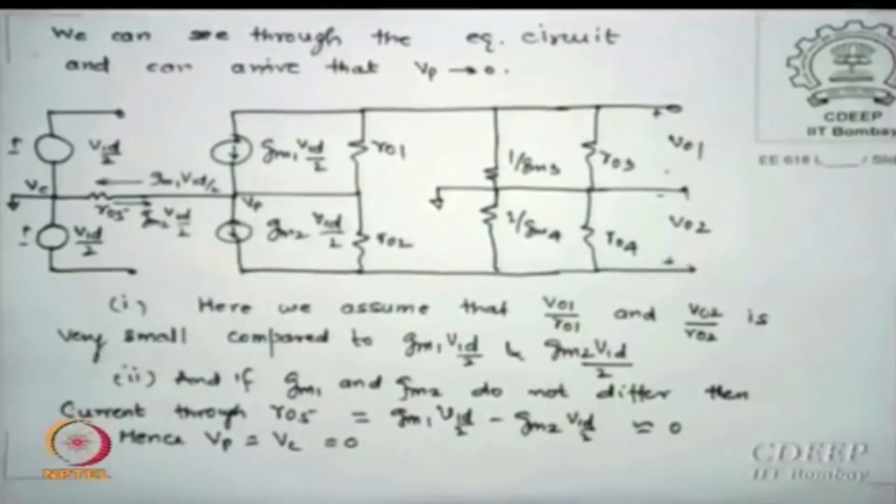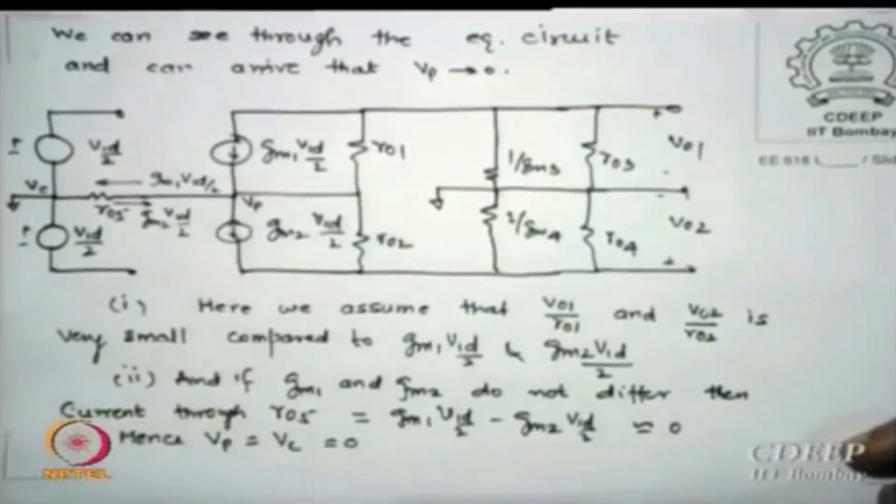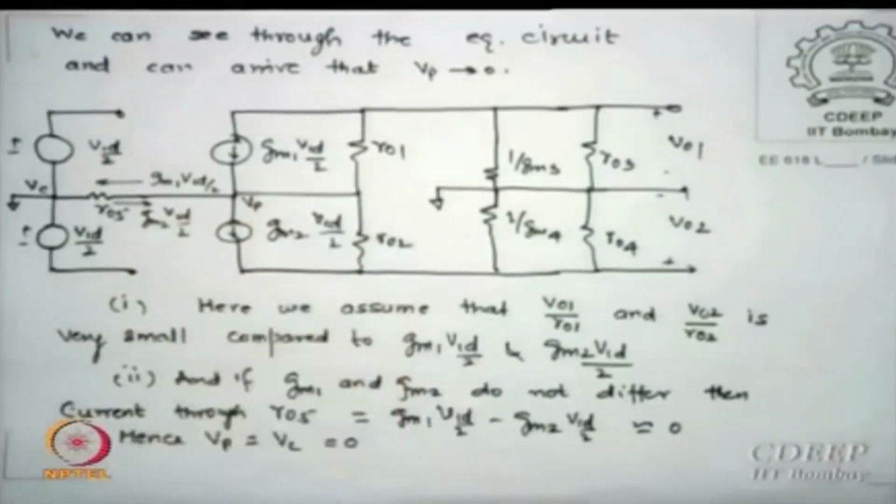Now the idea is something like this: if you see the RO5 resistor, this side is ground, this is Vp. Now we say the currents VO1 by RO1 or VO2 by RO2 are very small. Why are they very small? Because the ROs are very high, so we believe those currents are extremely small.